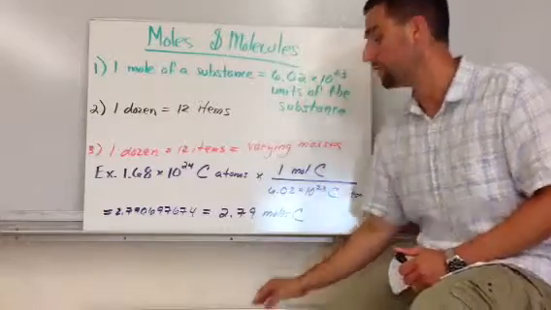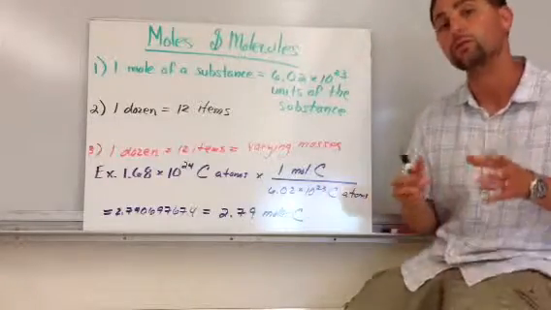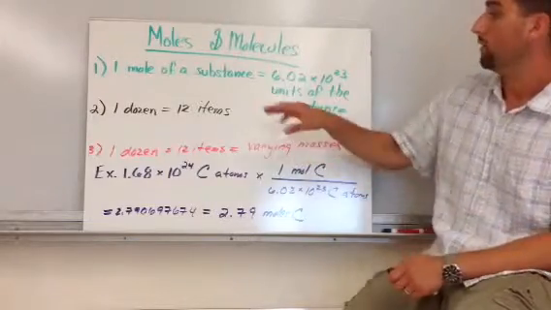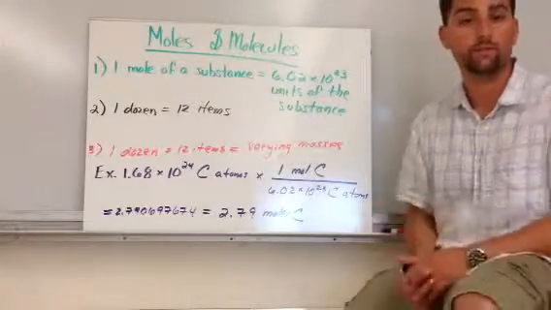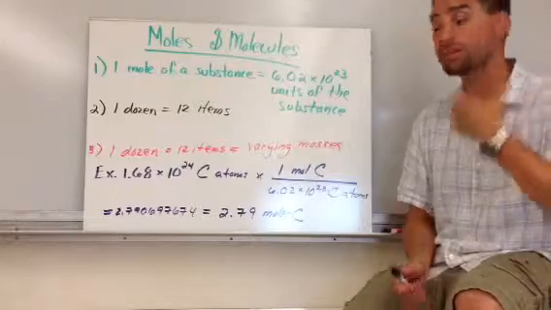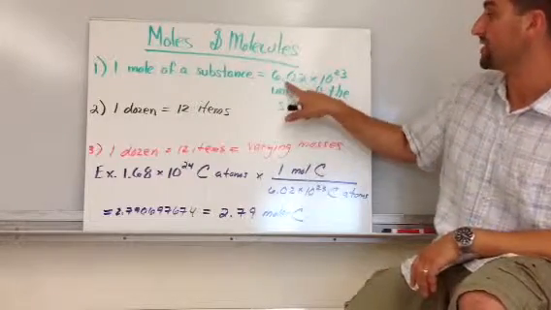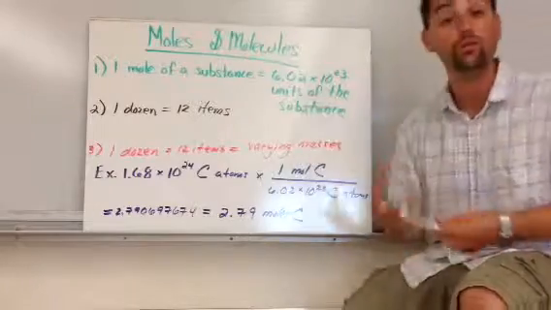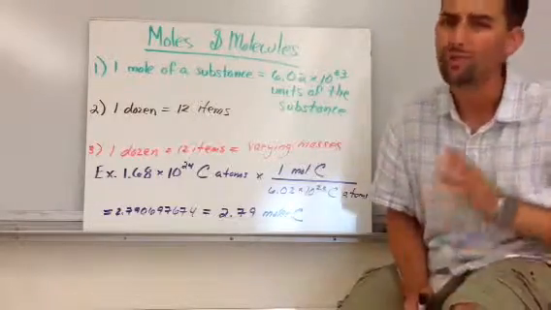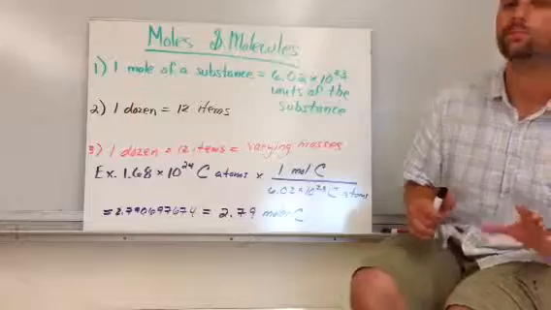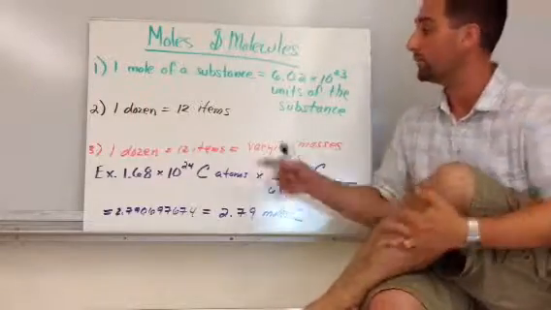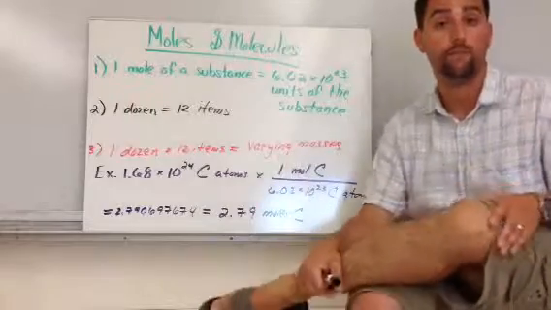Well, what if we venture out and we don't strictly look at mole and mass, but molecules? So 1 mole of any substance on the periodic table is Avogadro's number, which is 6.02 times 10 to the 23rd units of that substance. Really strange concept, but if you simplify it, we can compare it to a dozen.